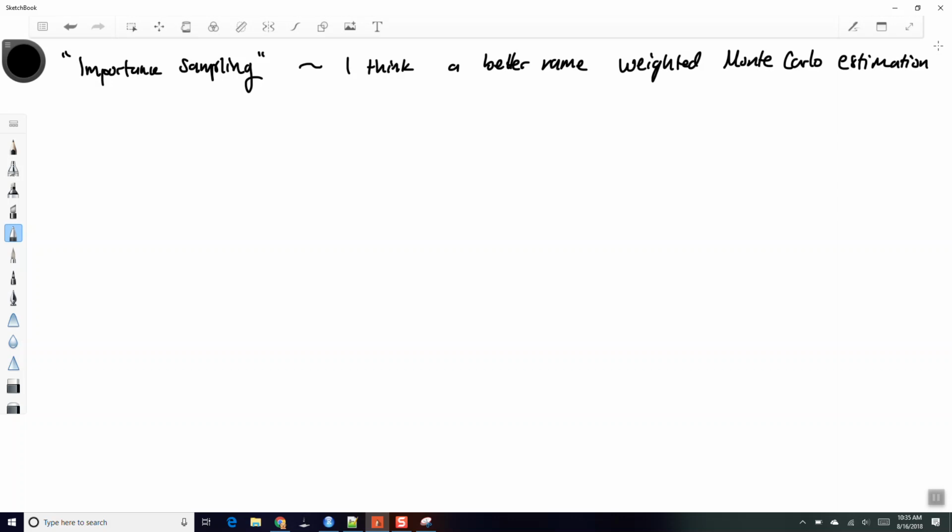gives the wrong idea. We're not using this to create a sample of values like rejection sampling. Rejection sampling, you're getting a sample of values. Here, we're still estimating the expected value of some function or something like that, okay?